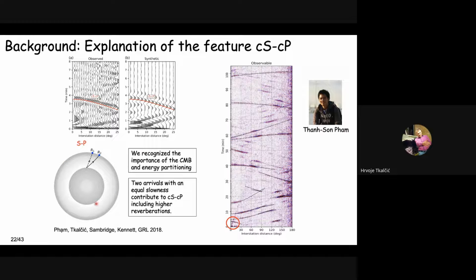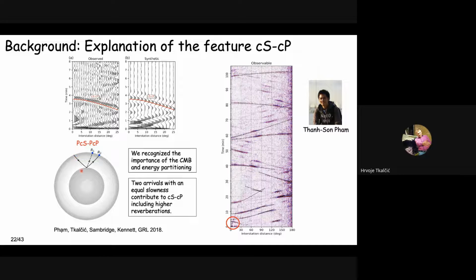I can show you this from a slightly different point of view, of the ray theory. So you can see again R1 and R2 here. And if you have a source such that the reflection point at the core-mantle boundary produces P waves and S waves that are observed at R1 and R2 with the same slowness, they are going to contribute to the maximum of this cross-correlation function.